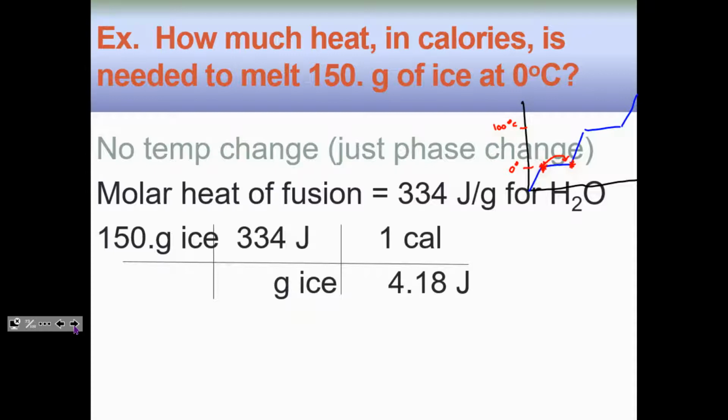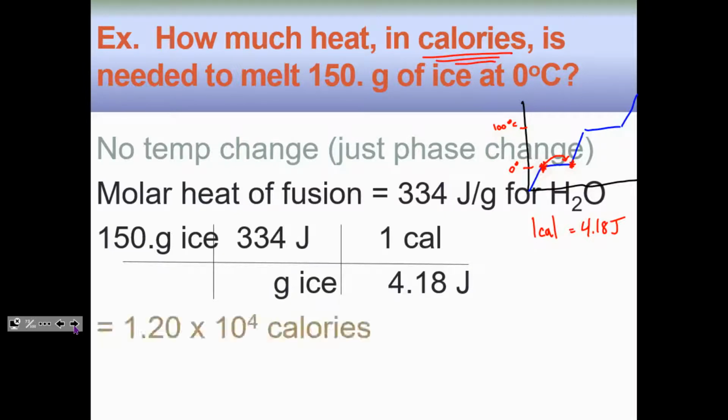And then because that's joules, I also am going to use my old conversion of 1 calorie equals 4.18 joules of energy in order to get calories, because that's what the question asked for up here. When we calculate, we get an answer of 1.20 times 10 to the fourth calories.